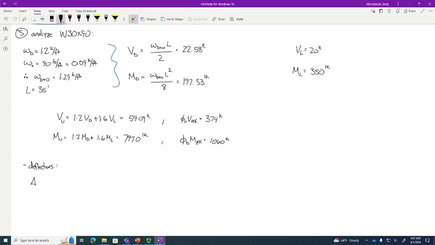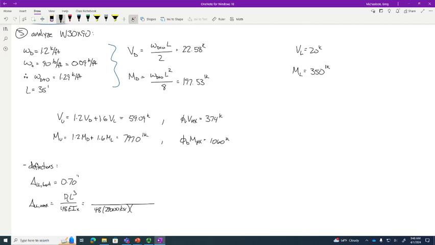So remember we had a limit of 0.7 inches. Then we have a maximum deflection of PL cubed over 48 EI. Well, now we actually have an I value, so we can compute this out.